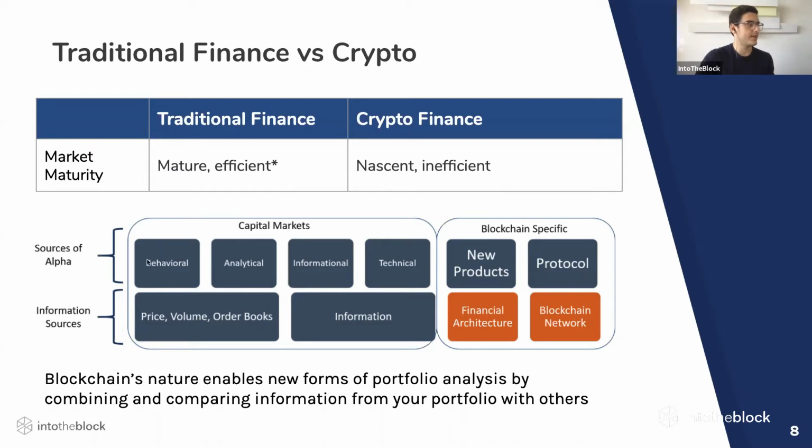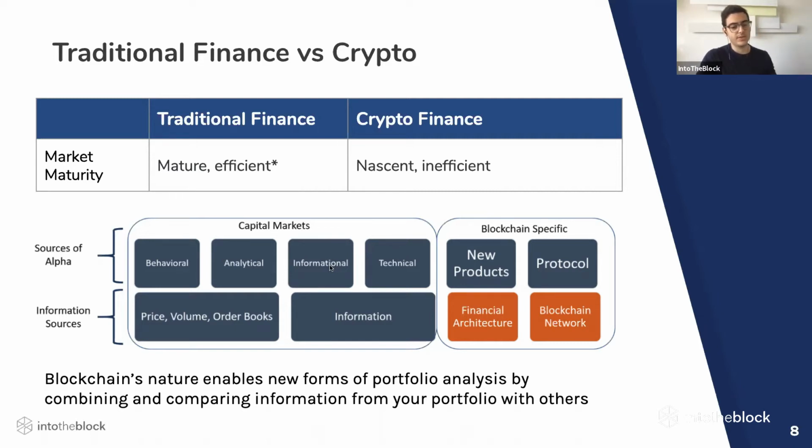So this is in the case of bubbles or panic that leads to market inefficiencies. There's analytical sources of alpha, which is in regards to which tools analysts are using to exploit inefficiencies in markets.